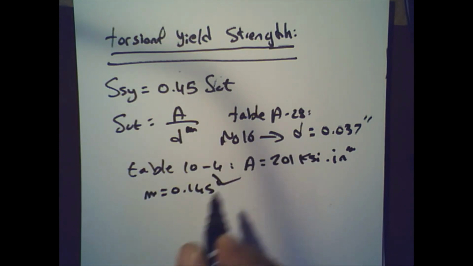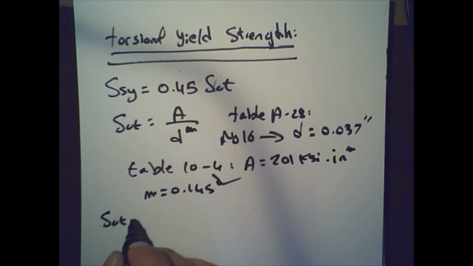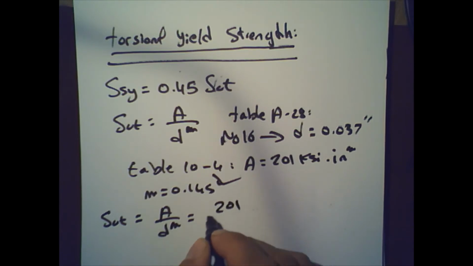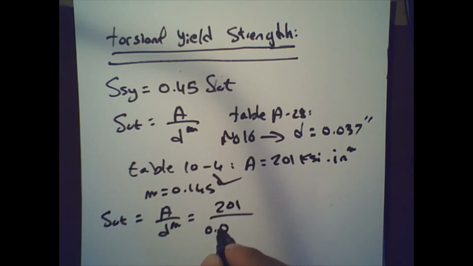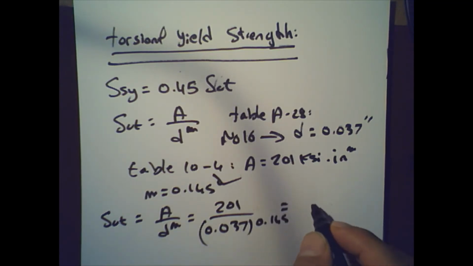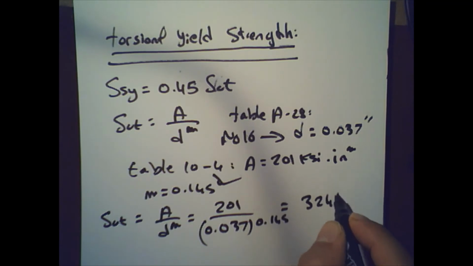Okay, so now I can find my ultimate strength. It's going to be equal to A d to the power m. I already calculated A and then m and then also d. So this would be 201 divided by 0.037 to the power 0.145, and this is going to be equal to 324 ksi.